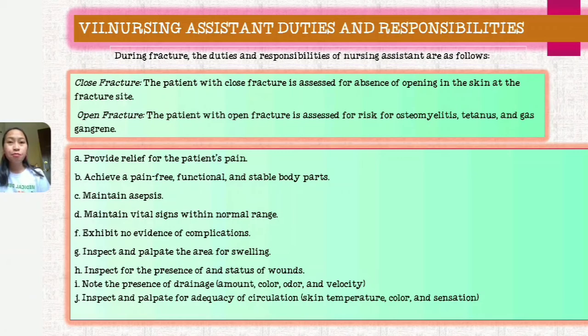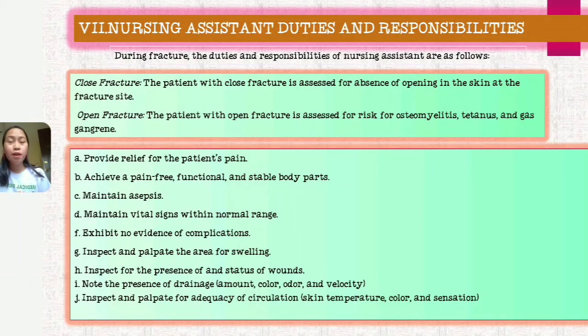If not, that is a closed fracture, so the fracture is more on the inside of the body. If he or she has a closed fracture, he or she is safe from infection.